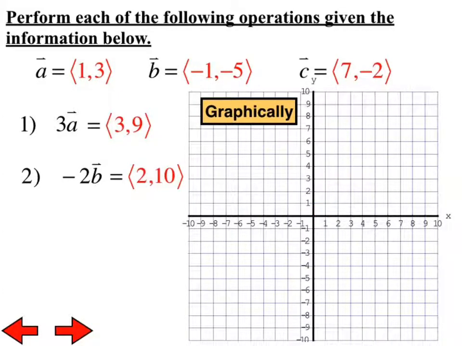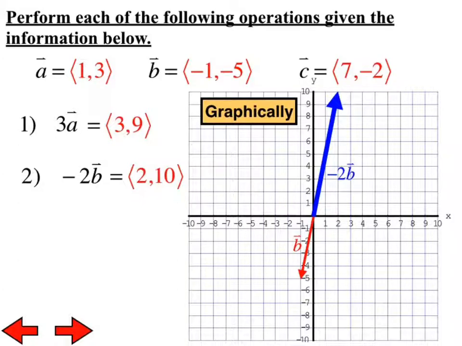So let's go to the blank coordinate plane to the right of that. And let's graph vector B. Now vector B, as it says right there, is -1, -5 in component form. So that's right there. So let's go ahead and do that. And then vector -2b, which we already did arithmetically, is 2, 10. Now notice that vector -2b is going in the opposite direction. And the reason why is because of this.